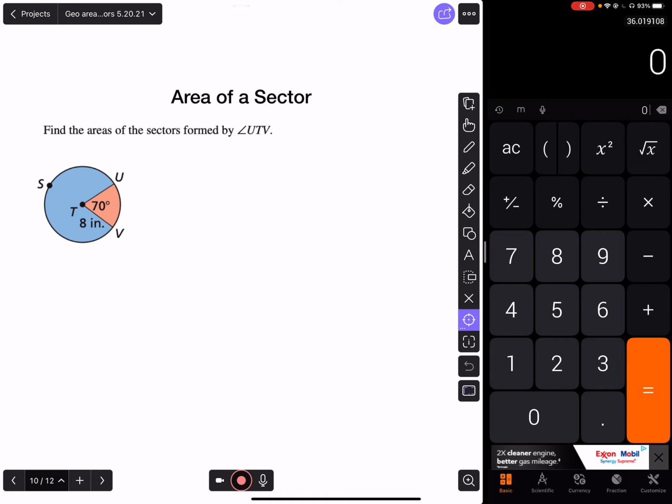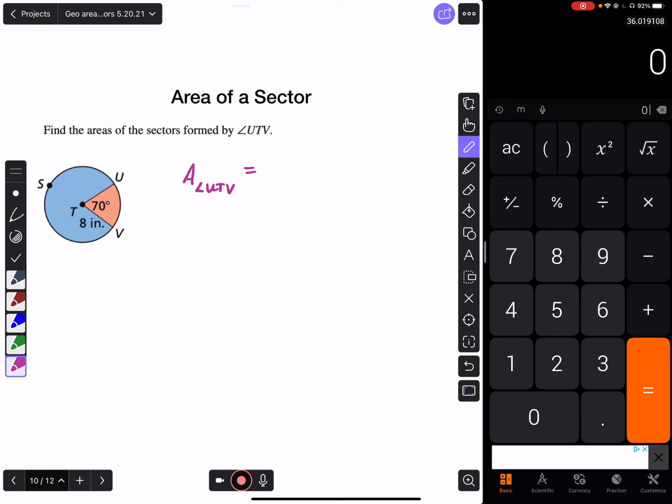So let's find the area of our sector here. The area, and this time I'm going to mark it, area of UTV, and I'm using it as a subscript, so I know. We could also write something like area of red and use red for a subscript.